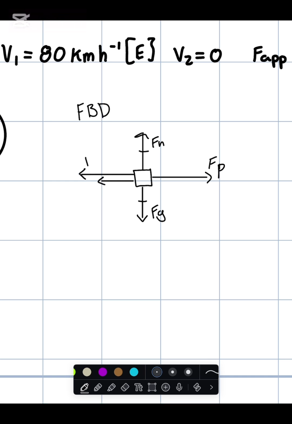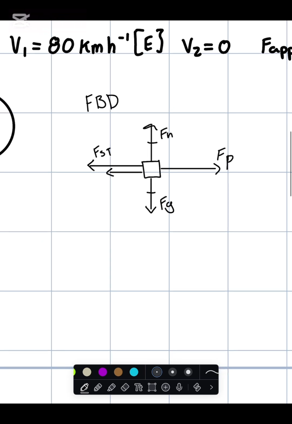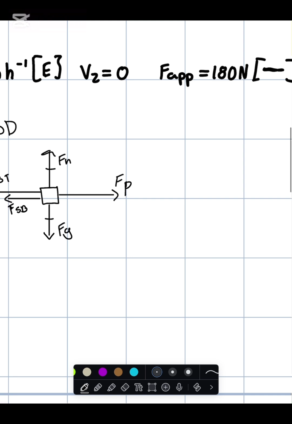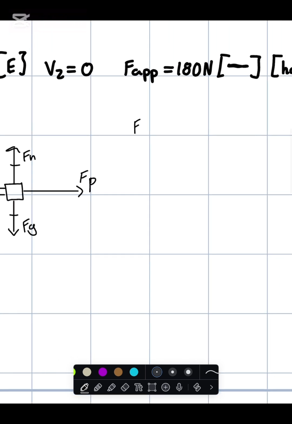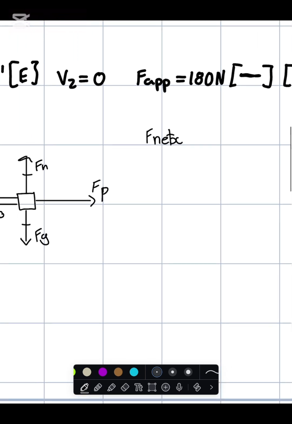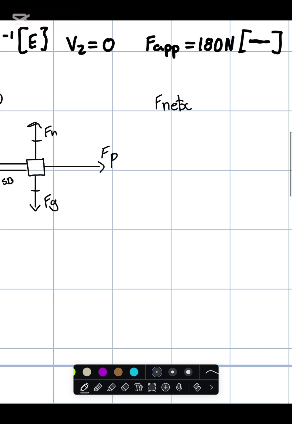So this will be our force of the steering wheel. This will be force of the seat belt. And as we know, our Fnet equation, our Fnet in the x direction, is all we'll need, because our Fnet in the y will just be equal to Fn minus Fg. Therefore, if they're equal, they're going to be equal to 0.